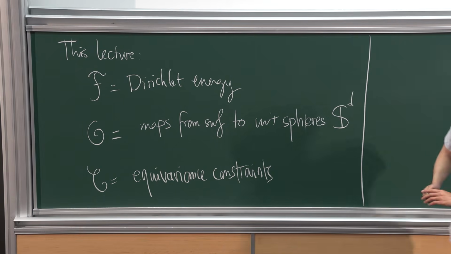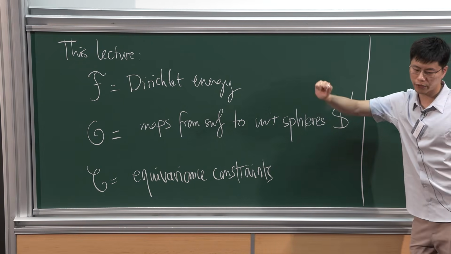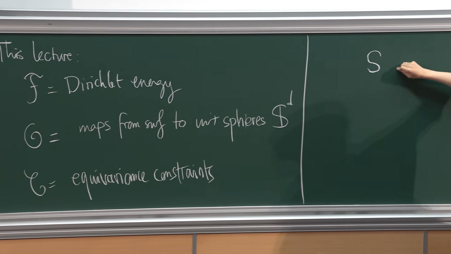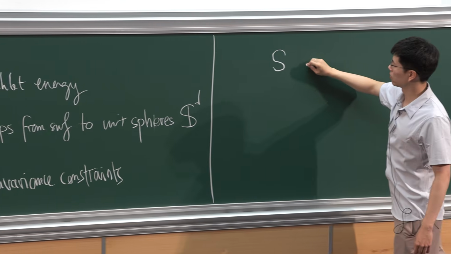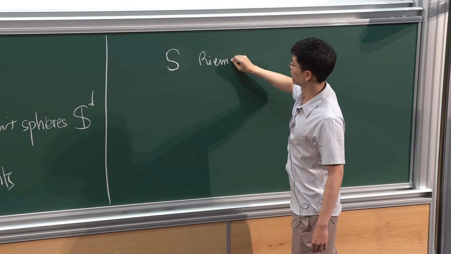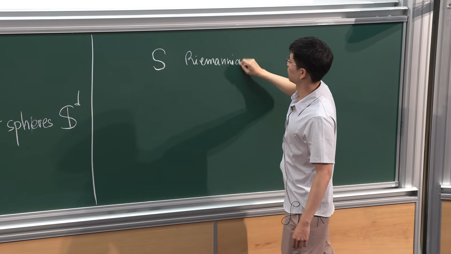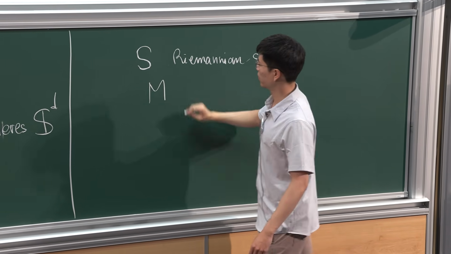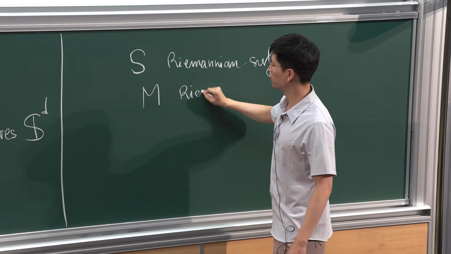Right, so let me say a little bit more about the Dirichlet energy before I continue. Let's say you have a Riemannian surface, and here you have another Riemannian manifold.